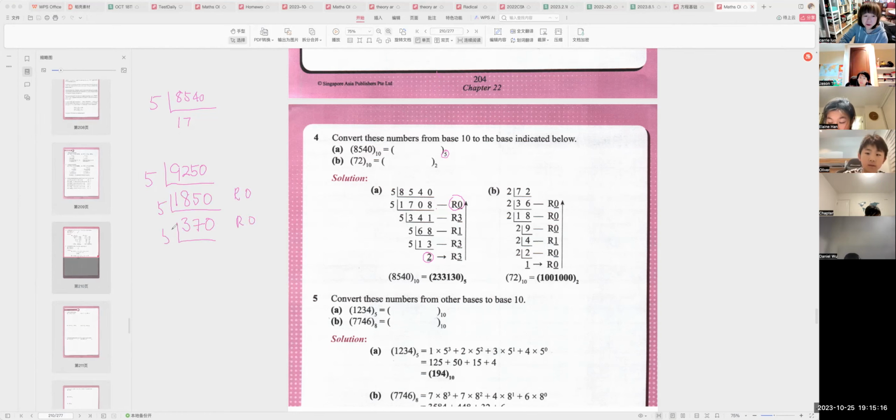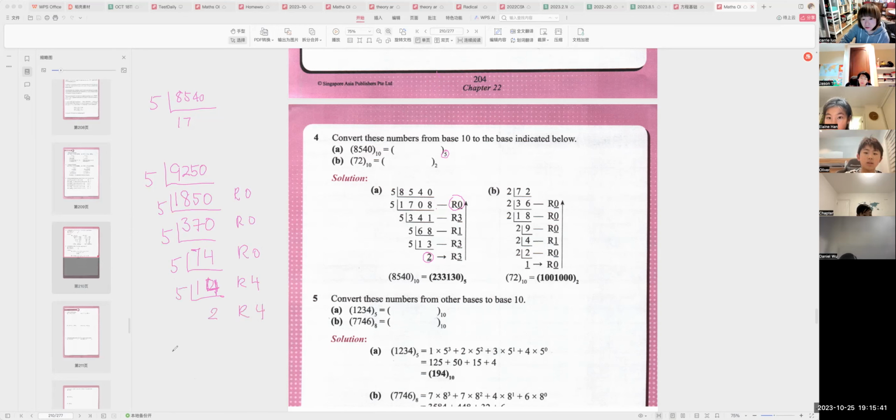And again, divided by 5 equals 74, and the remainder is 0. Divided by 5 is 14, and the remainder is 4. Divided by 5 is 2, and the remainder is 4.